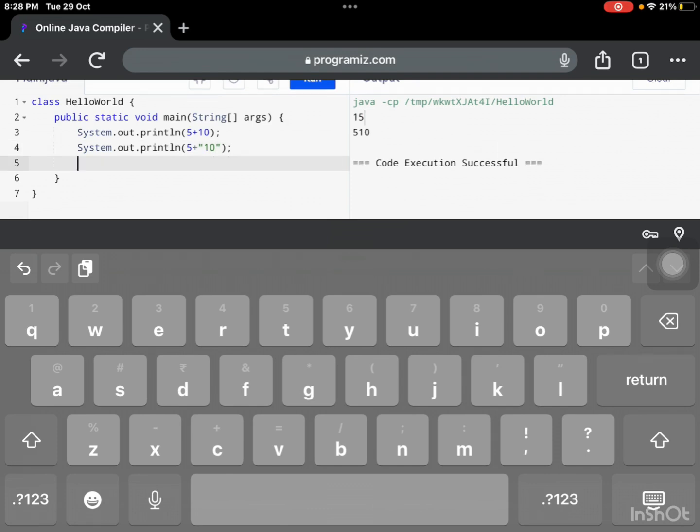Then the same System.out.println, but here I am writing both as strings. 5 is also a string and 10 is also a string.